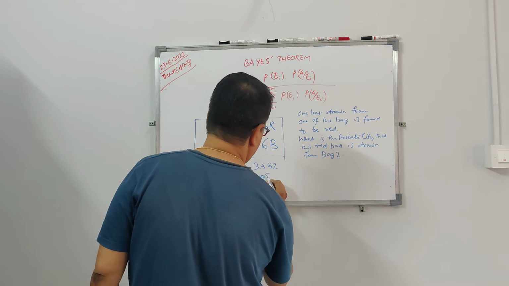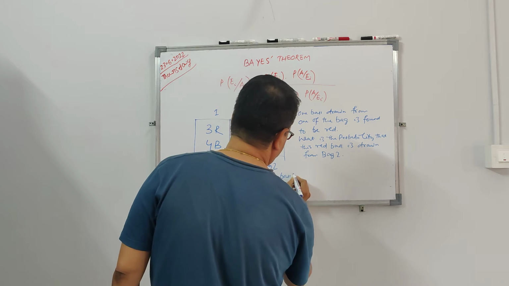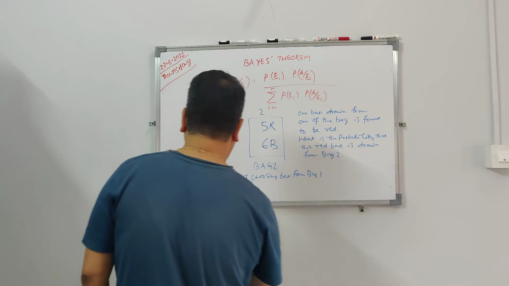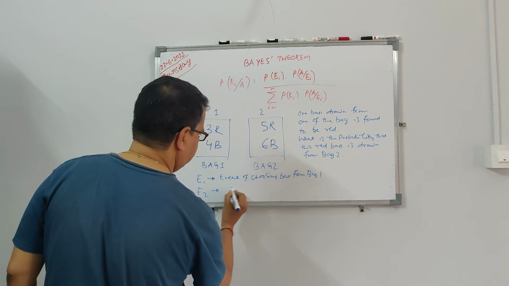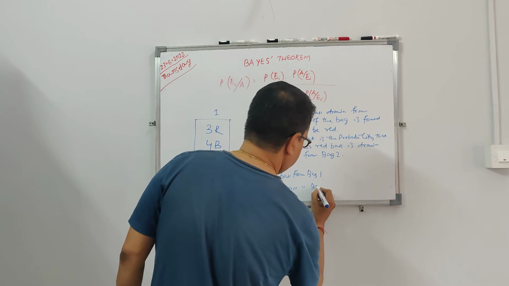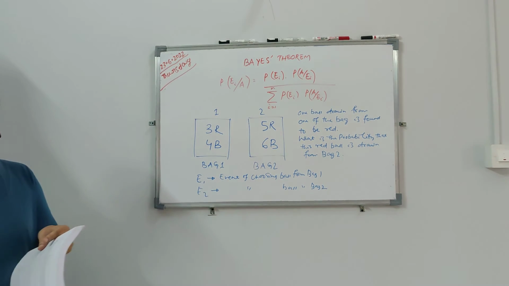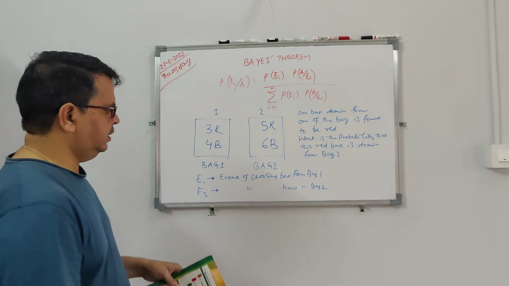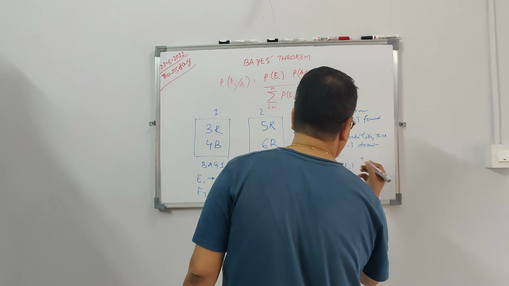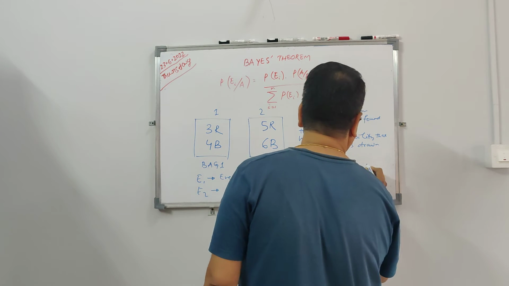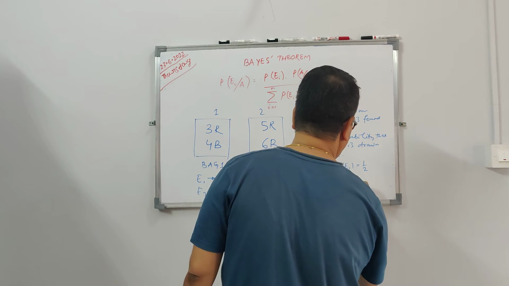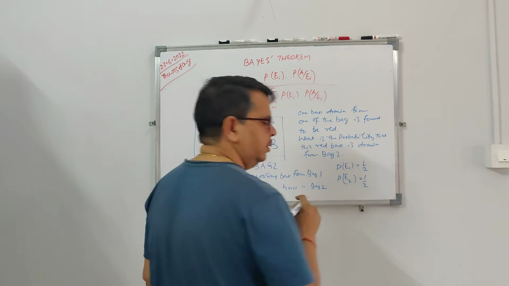And what are the probabilities of E1 and E2? There are two bags, so P(E1) is equal to half and P(E2) is equal to half.